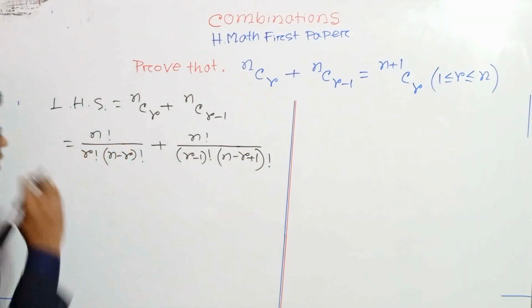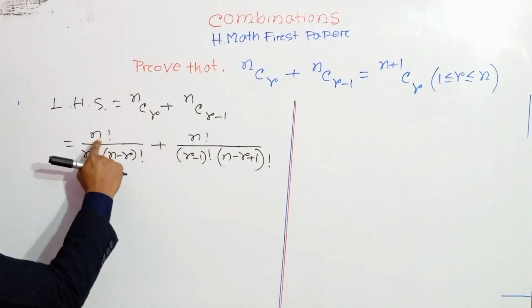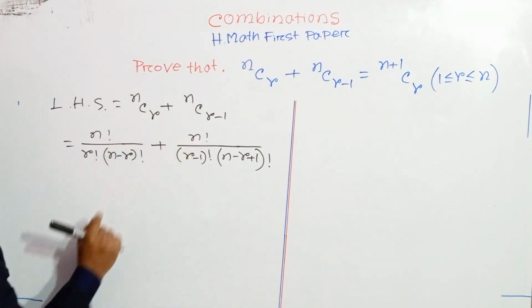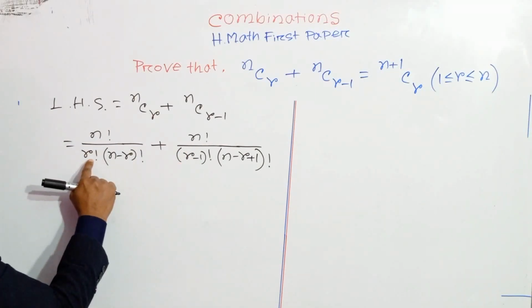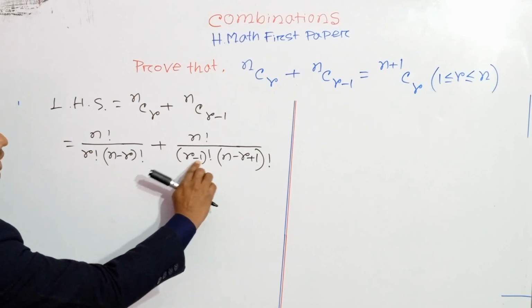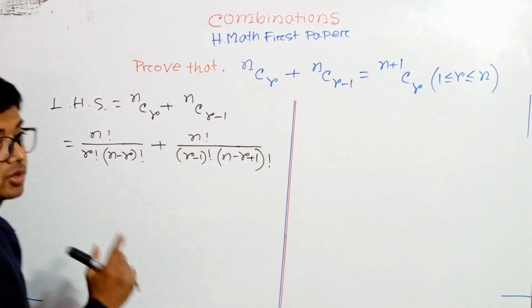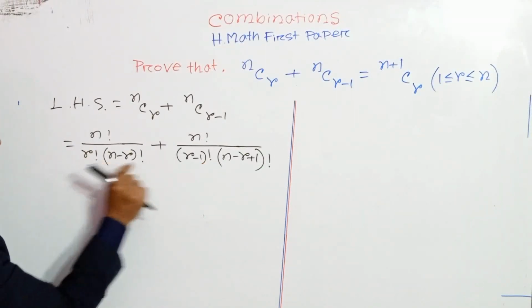Look at this. Here factorial n and factorial n are the same part, and here factorial r and factorial r minus 1. So now we can compare these two parts with each other.